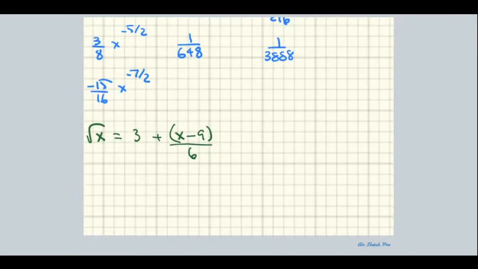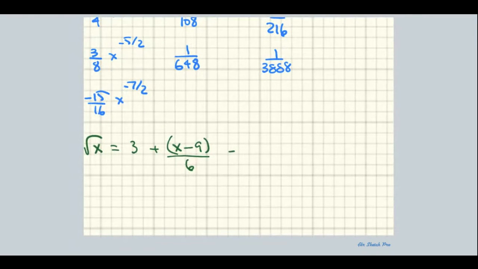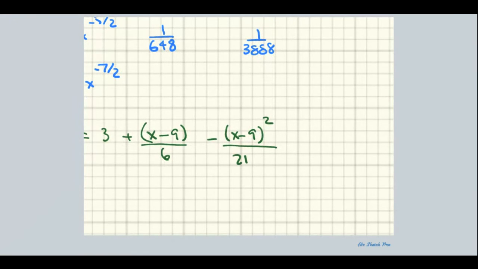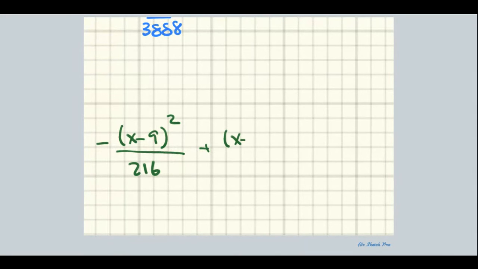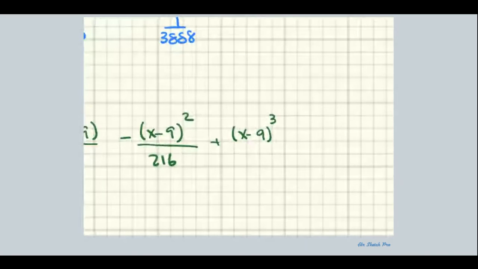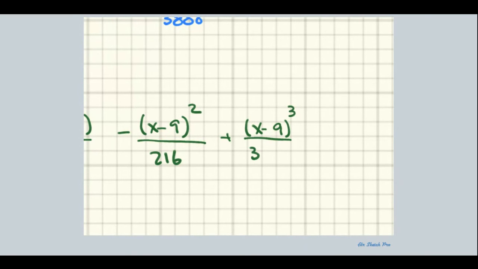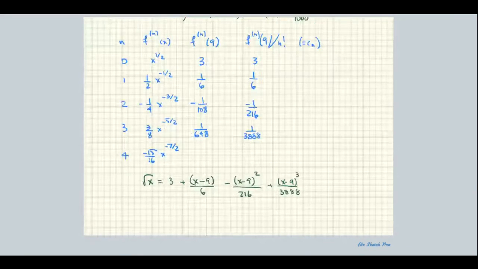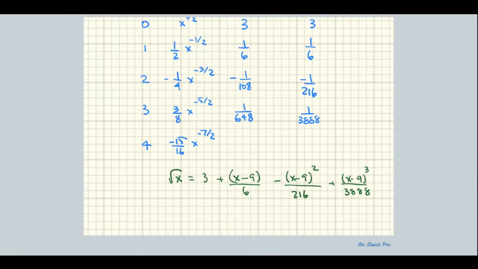Okay. Plus the second power, except that's a negative, x minus 9 squared over 216, plus the third power over 3888. Okay. And now, do I want to do it for the fourth power or not? Yes. There it is.